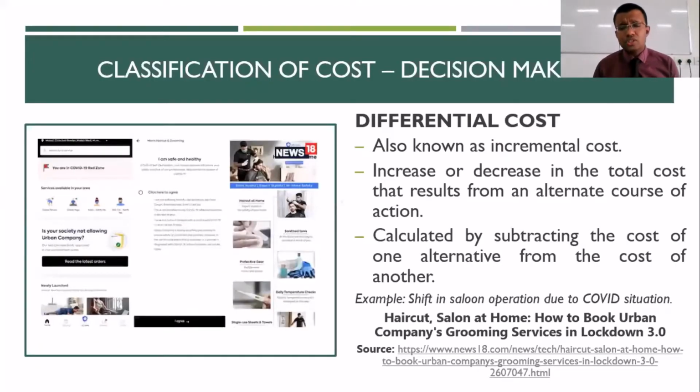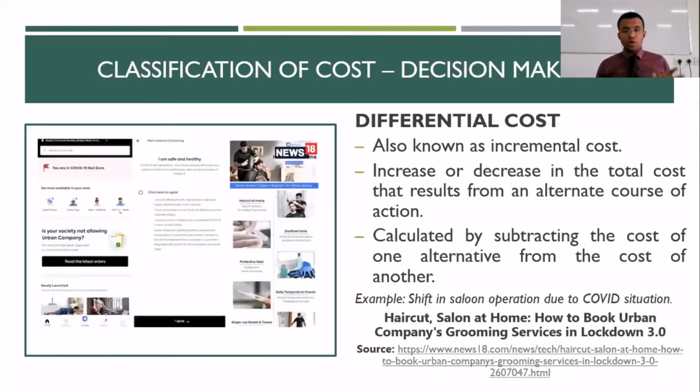Now the next cost that we will be discussing is called the differential cost. Differential cost is sometimes also called incremental cost. Now, what is meant by differential cost? It is the increase or decrease in the total cost because you're deciding to choose an alternate course of action.